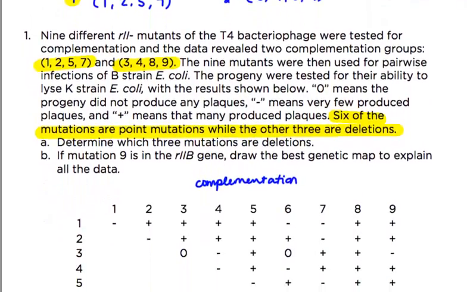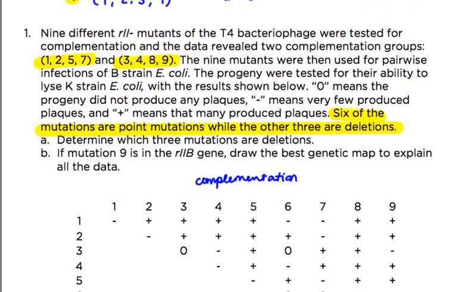So 0 means no plaques, and that means that these are the deletions. I'll tell you why in a second. The dash means a few plaques, and these are from reversions.